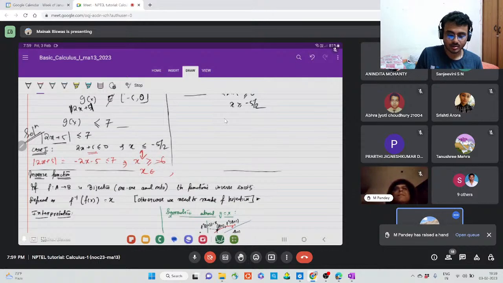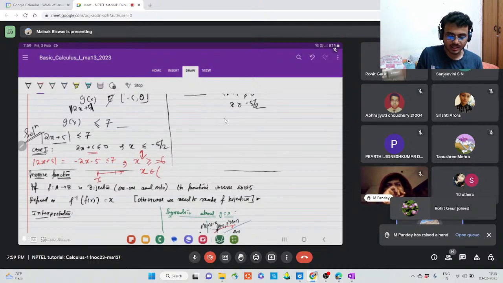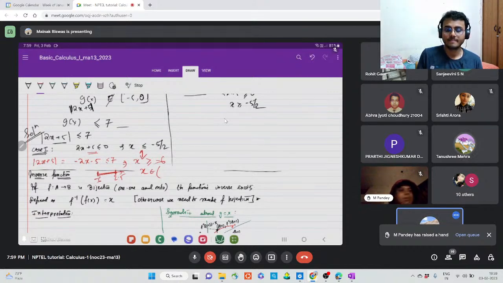It will be greater than minus 6 and less than minus 2.5. So this is this region. Minus 6 comma minus 5 by 2, both will be included.